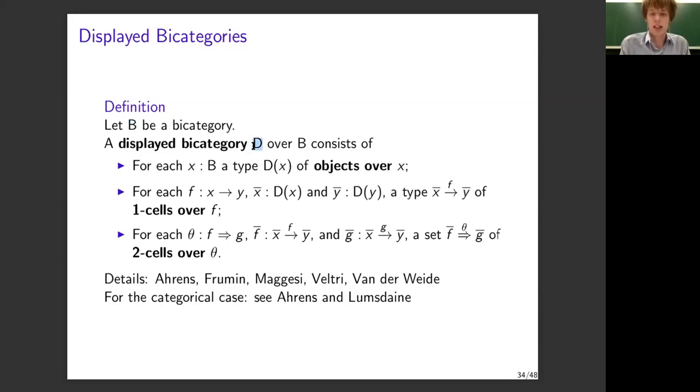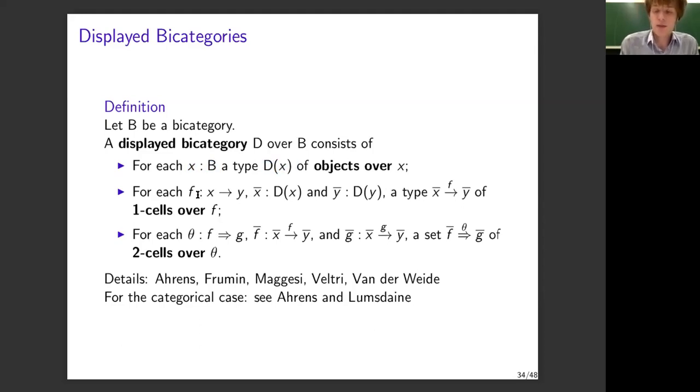D represents algebra structures. So D is not algebras, it is algebra structures. So what does a displayed bicategory consist of? Well, first, we have for each object in B a type of objects over it. For one-types, this would be for each one-type, a type of algebra structures on it.